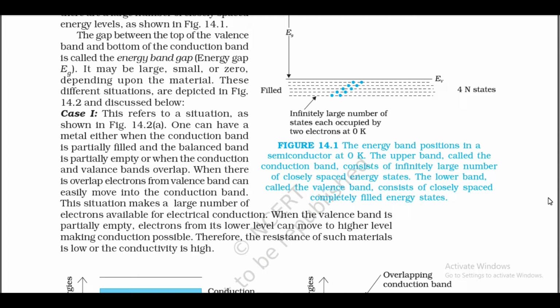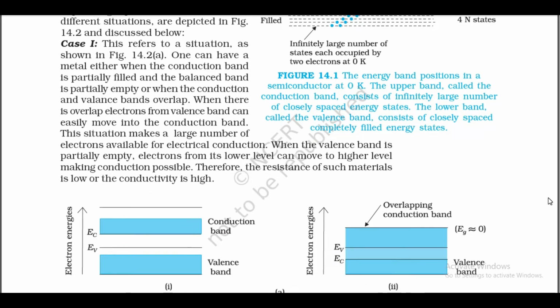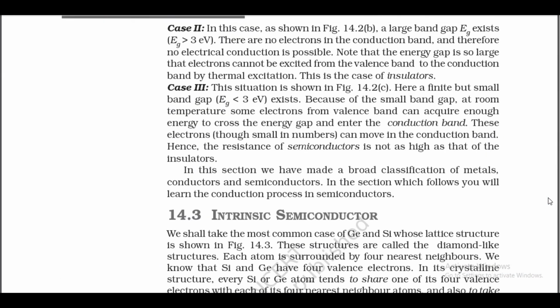When there is overlap, electrons from the valence band can easily move into the conduction band. This situation makes a large number of electrons available for electrical conduction. When the valence band is partially empty, electrons from its lower level can move to a higher level, making conduction possible. Therefore, the resistance of such materials is low or the conductivity is high.